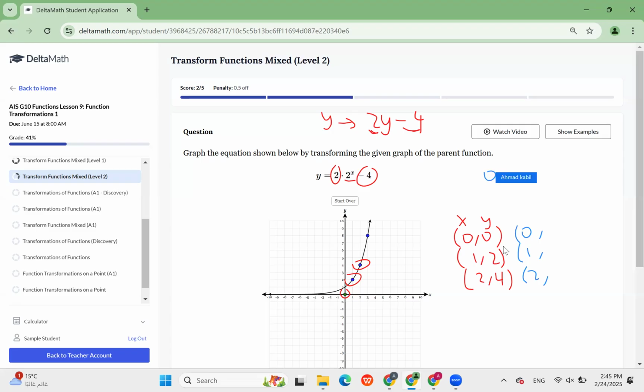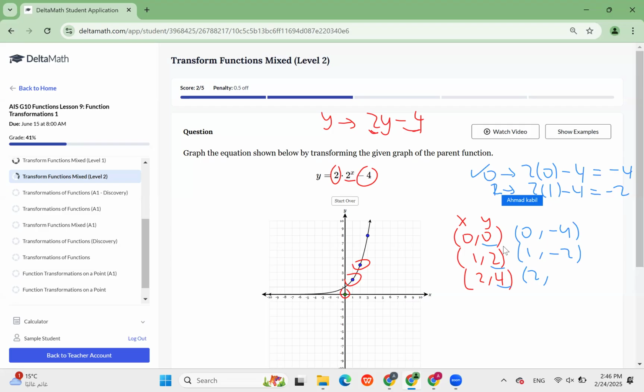So 0 becomes 2 times 0 minus 4, which is negative 4. The 1 becomes 2 times 1 minus 4, which is negative 2. Wait, I made a mistake, sorry. The y's are 0, 2, and 4, so I should have done 2, not 1.